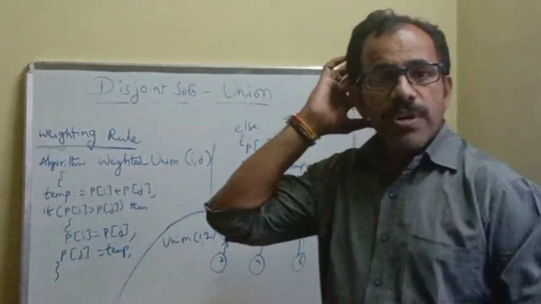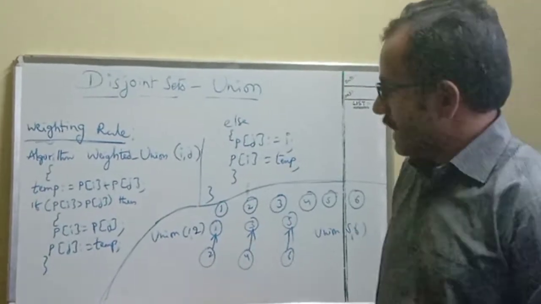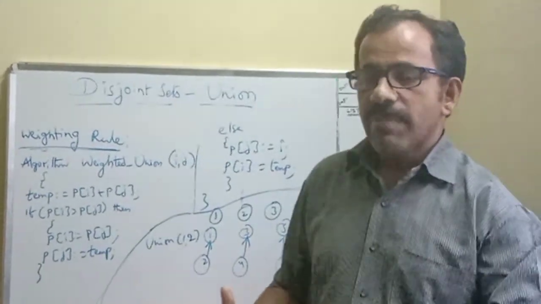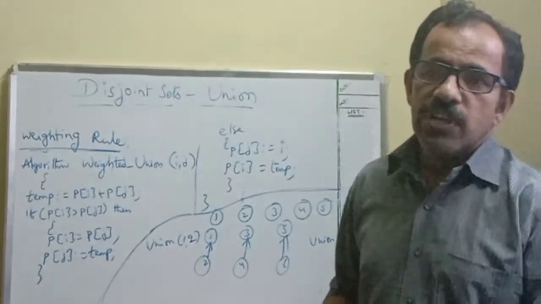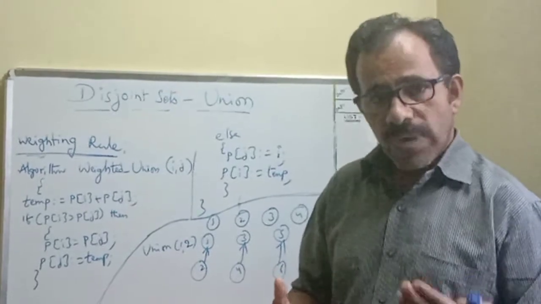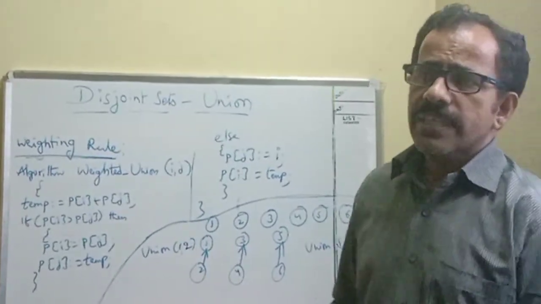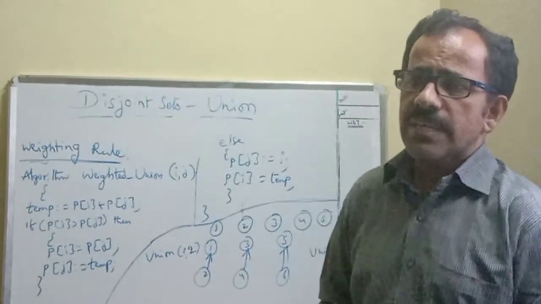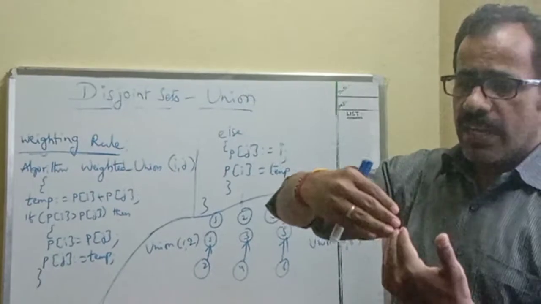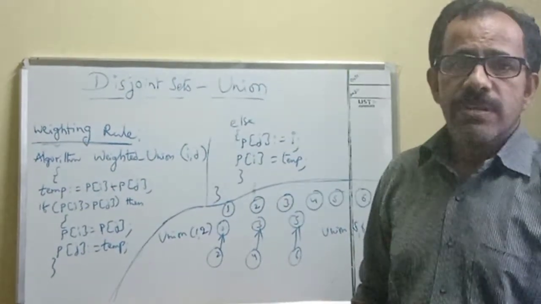Here I am going to explain what the weighting rule is, because we found a drawback in simple union. In simple union, when performing union between two sets, we by default attach the first tree as the child of the second tree. So every time we are increasing the level number, one level.